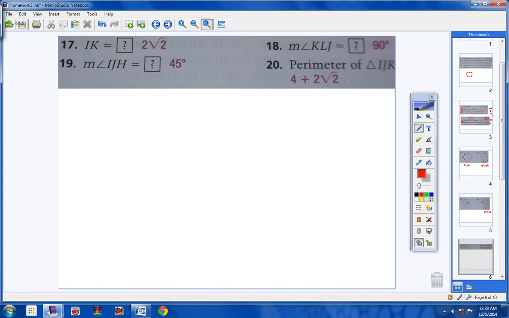The directions say HIJK is a square. So here it is. Here's your square, HIJK.